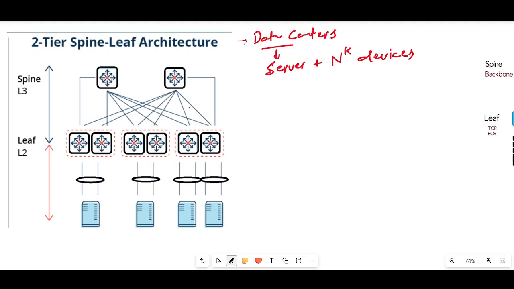Now, do you know there are two types of traffic? If you know, you should write down the two types of traffic. Clear?